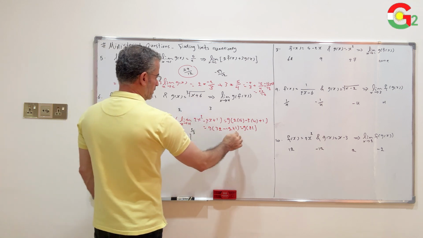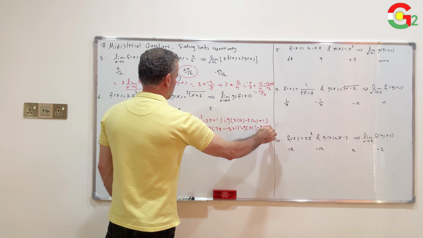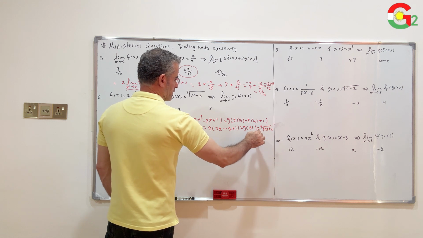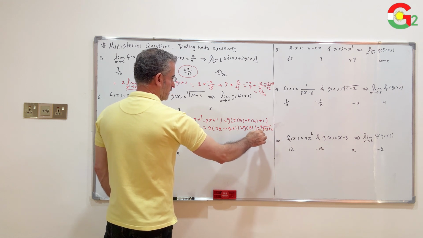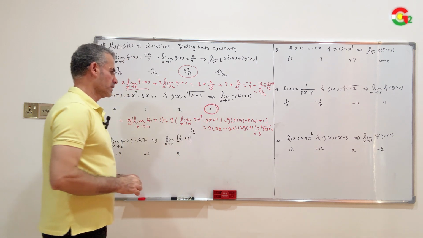It is the cube root of 27. It is 3. Choice D.